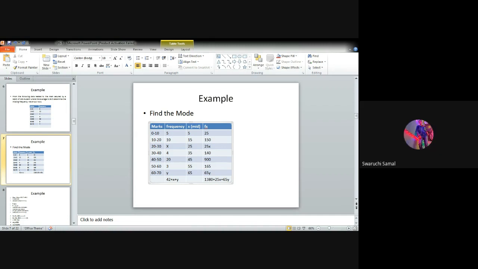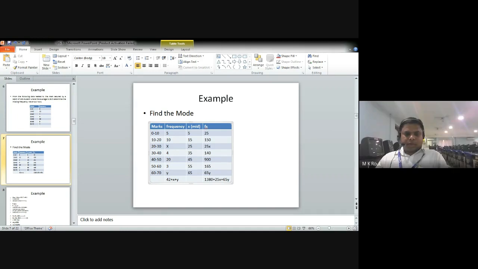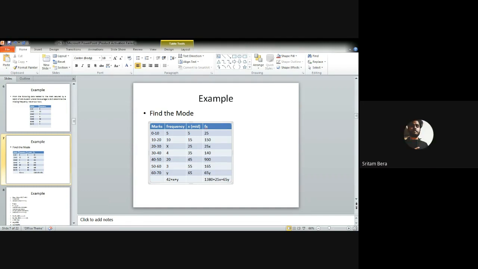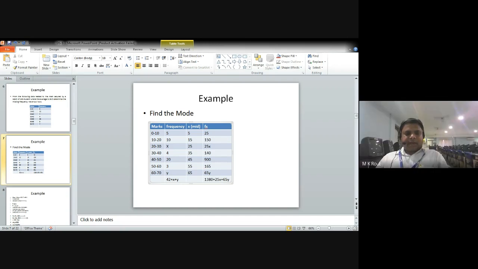What is equation 1? That is x plus y equal to 58, since 100 minus 42 is 58. Okay, then calculate to generate the second equation.